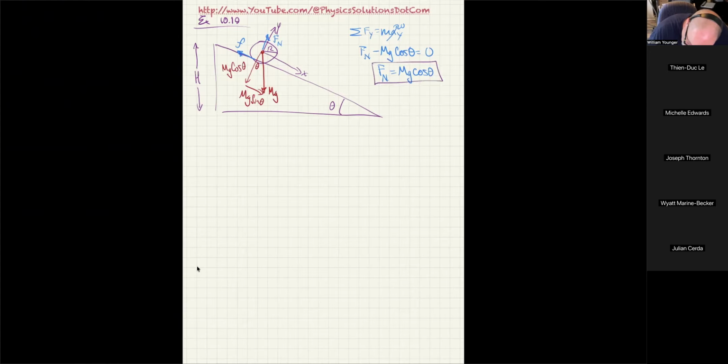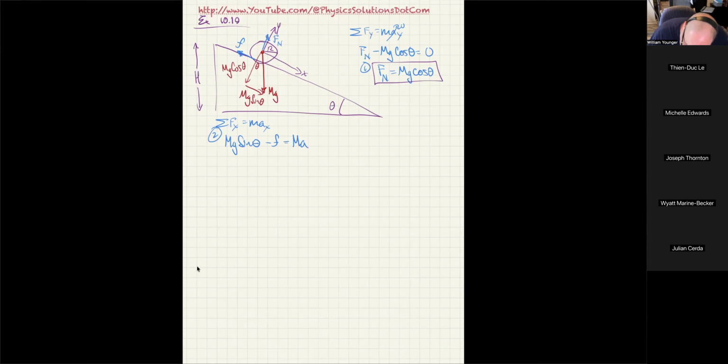Now the summation of forces in the x direction equals mass times acceleration in the x direction. In this case, I'm going to have mg sine theta minus the friction force is equal to m times a. So I'm going to call this equation 2. I'll call this over here equation 1.